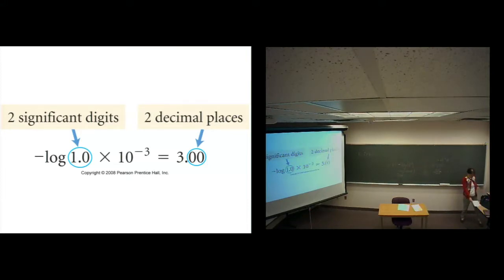Okay, well what if I gave you a hydroxide ion concentration? So let's put that up here. Hydroxide ion concentration is equal to 1.3 times 10 to the minus 2. Okay, there's your hydroxide ion concentration. And I want to know, what is the pH?